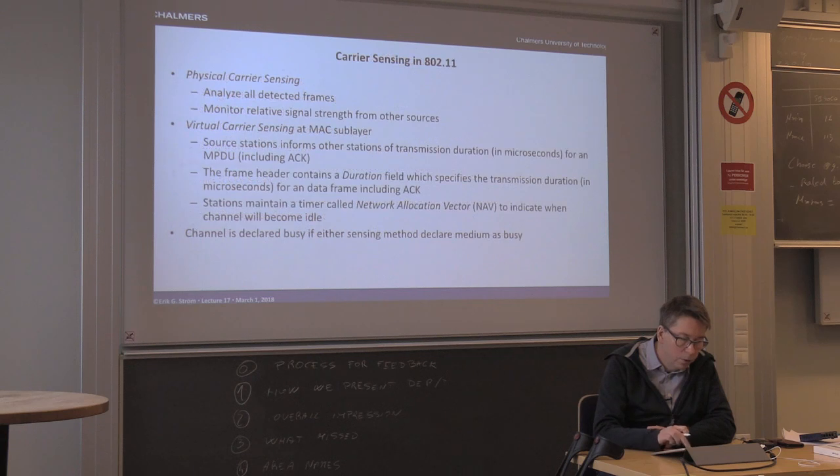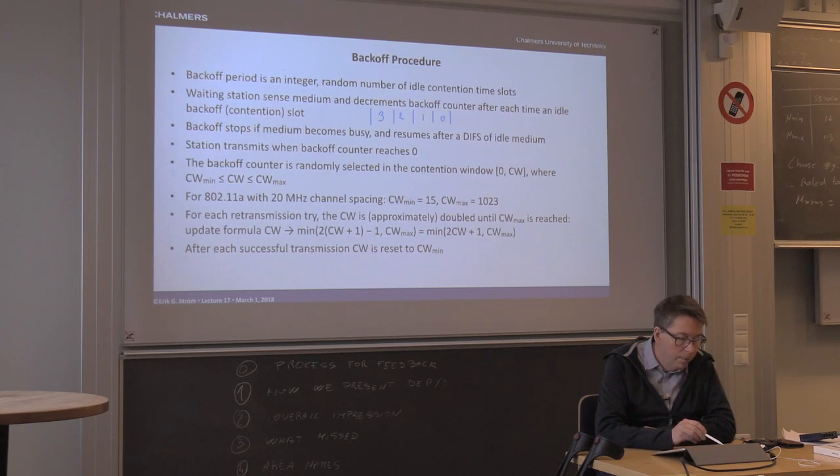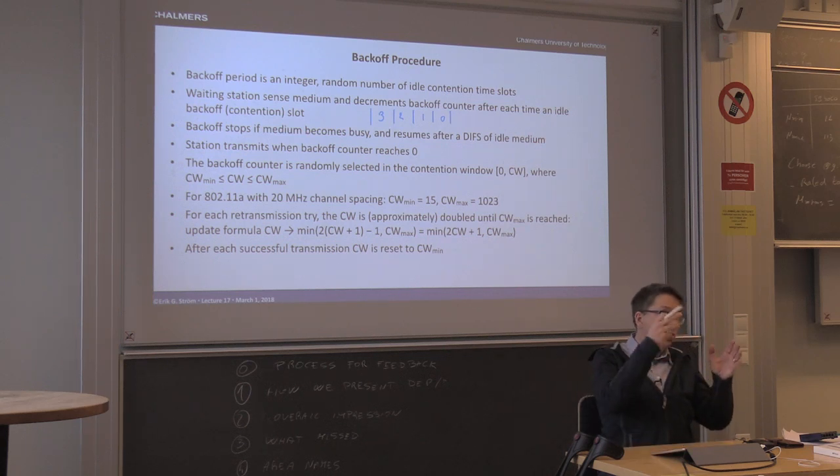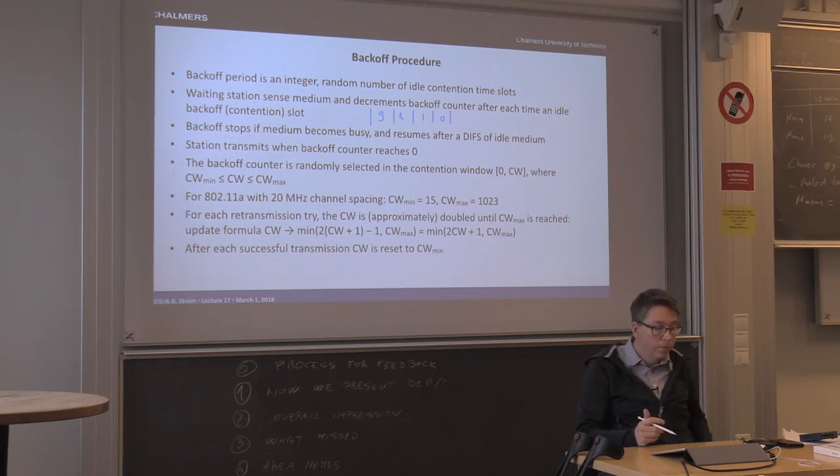Okay. So the back-off stops if the medium becomes busy, and then we resume after a DIFS of idle medium. So we count down as long as the channel is idle, but if the channel becomes busy, then we stop. We freeze the back-off counter.